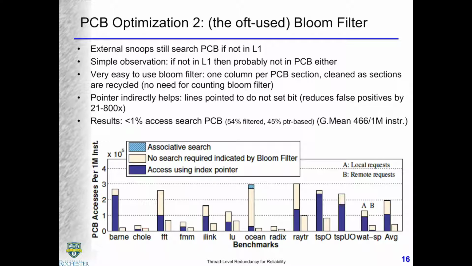And if the bit is unset, then I know I cannot possibly have it. This is a very commonly used technique to filter out. But the neat trick over here is not just a plain Bloom filter. It's actually the combination of optimization 1 and optimization 2.